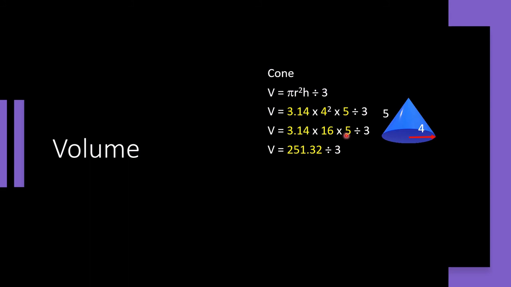Okay, the next step, I'm going to divide it now by 3, and that's going to be equal to 83.77, and therefore now I can tell that the volume for this cone is equal to 83.77 to the third power, or cubic, or cube, tomato, whichever way you want to call it. For this purpose it's going to be okay.